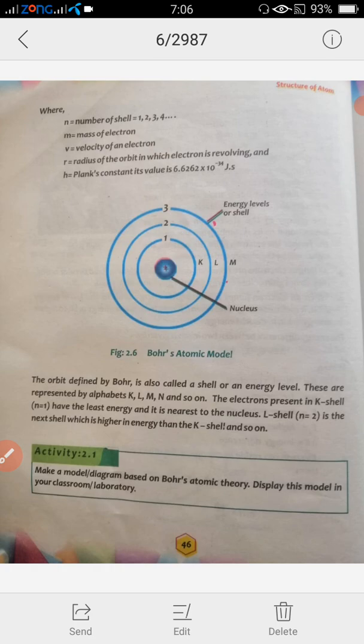And students, we have discussed the Planck's constant, and also discussed that the radius is the distance from the nucleus to the end of the circle, or we can also say that it is half of the circular path.